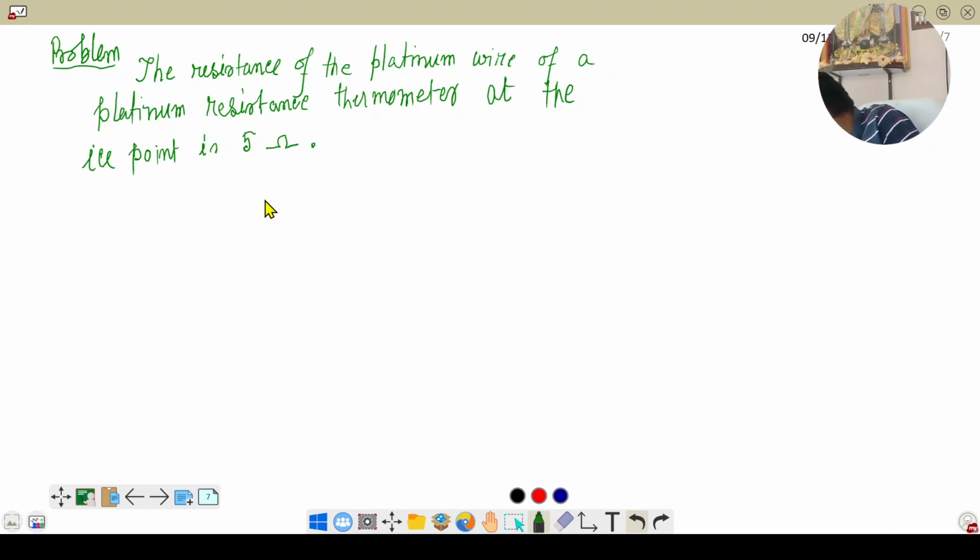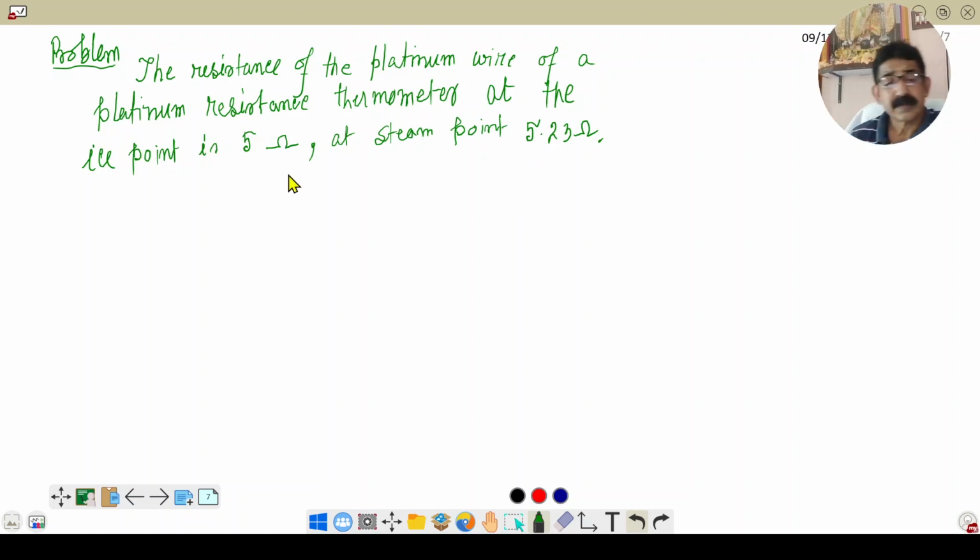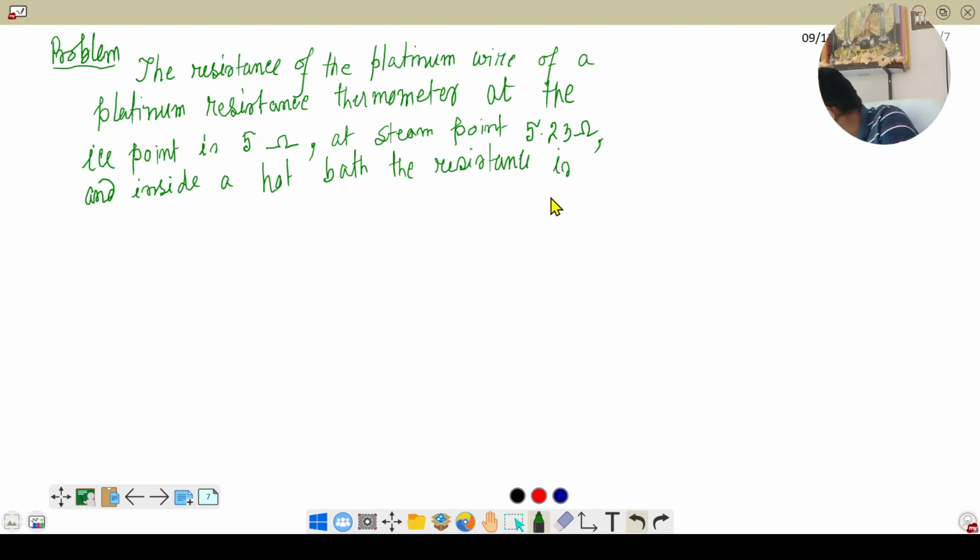At steam point it is 5.23 ohm, and inside a hot bath the resistance is 5.795 ohm.